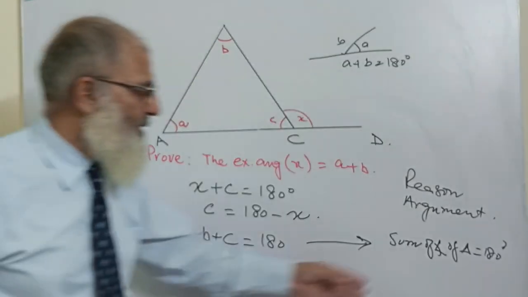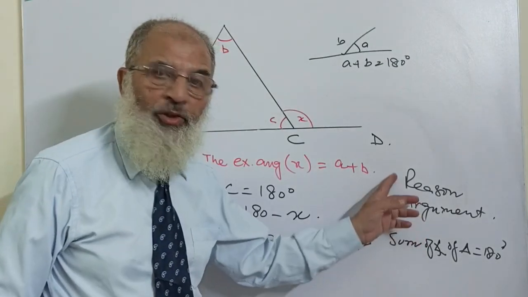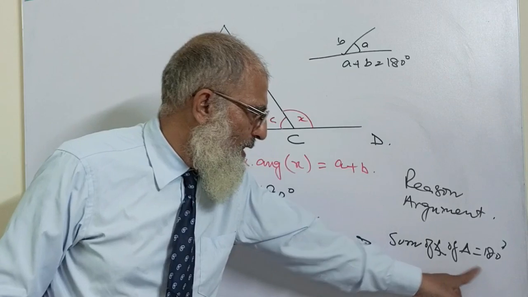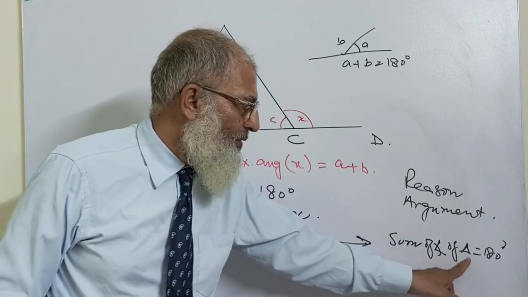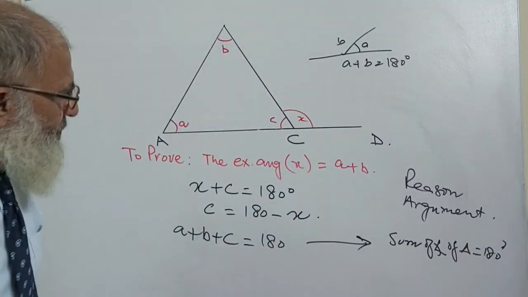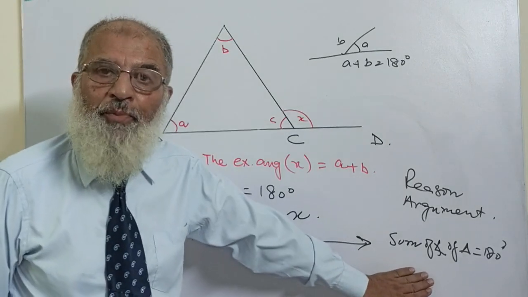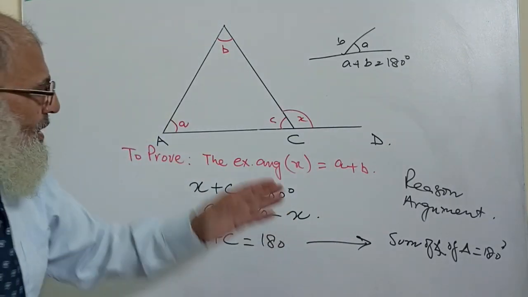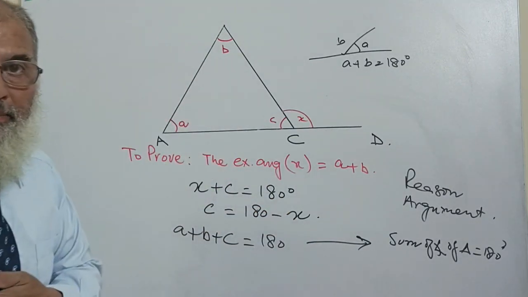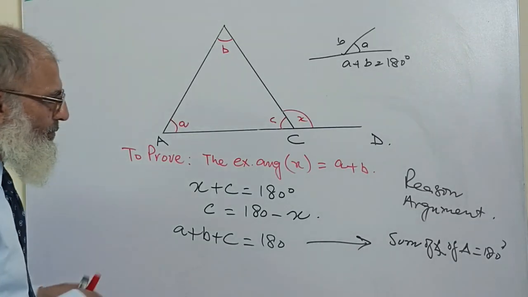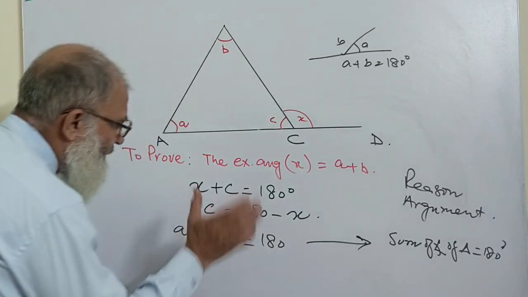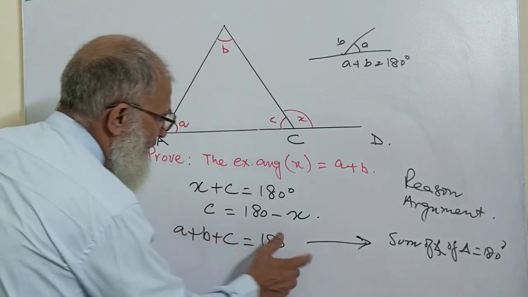A plus B plus C is equal to 180 degrees, and the reason is that the sum of the interior angles of a triangle is 180 degrees, which we have already proved in our previous hypothesis. Now we know that A plus B plus C.